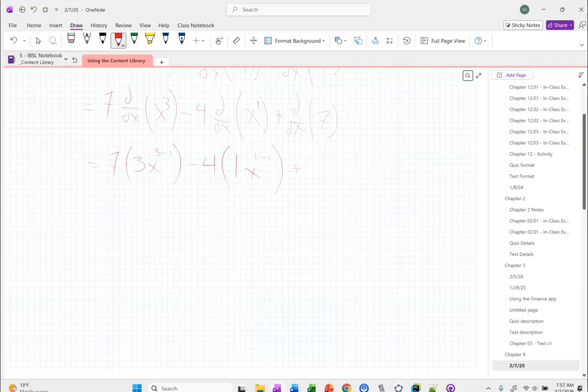What should be the derivative then? 0, because derivative is just talking about instantaneous rate of change or slope, and if the slope is the same everywhere, then the instantaneous rate of change is the same as the average rate of change, it's just 0. Okay? So this simplifies down to just be 21x squared plus 4.